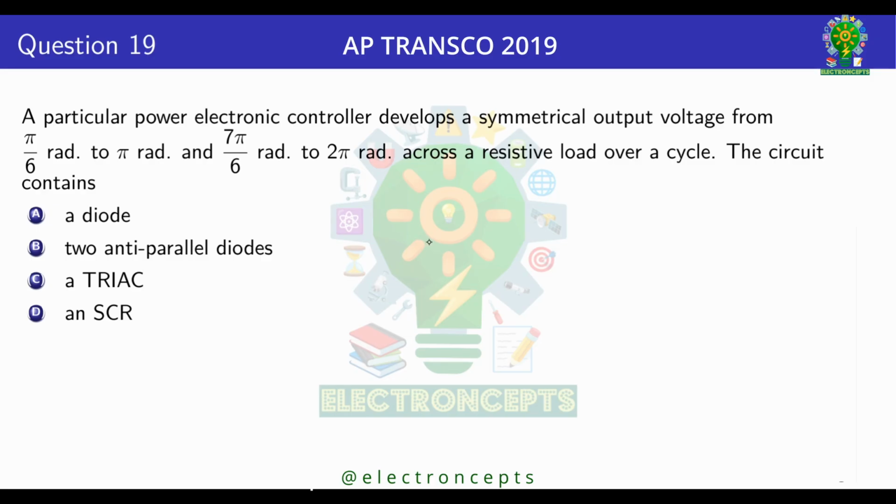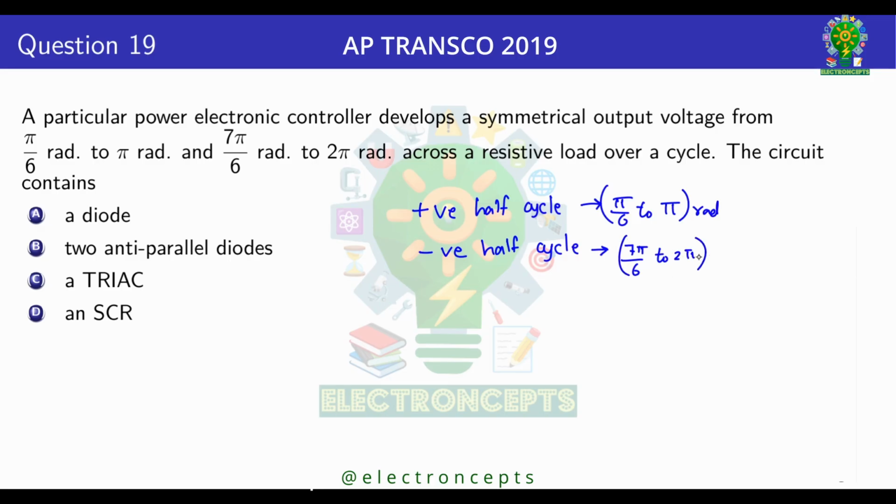Since the output voltage is symmetrical from pi by 6 radian to pi radians and also from 7 pi by 6 radian to 2 pi radians, it is clear that for positive half cycle, the conduction range is pi by 6 to pi radians, and during negative half cycle, the conduction range is 7 pi by 6 radian to 2 pi radians. We can say that conduction begins at pi by 6 radian, which is equal to 30 degrees.